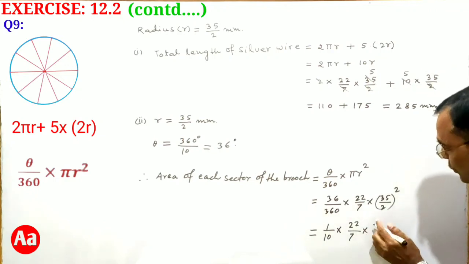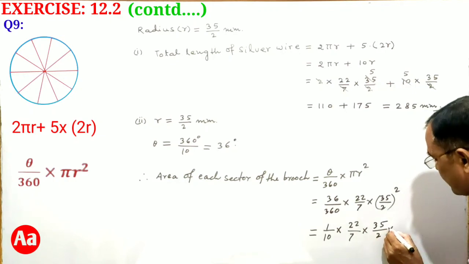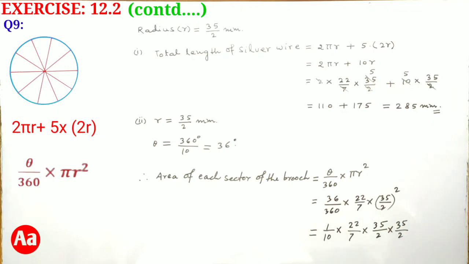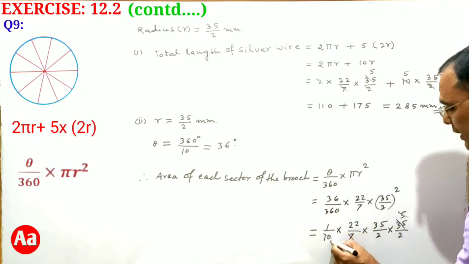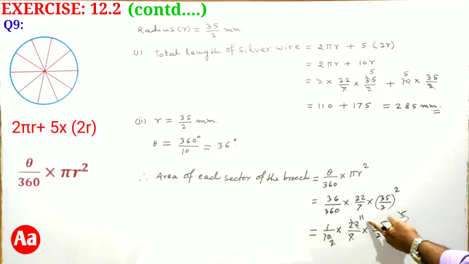Let's write 2 times, like 35 by 2 into 35 by 2. So 7 5s are 35, 5 2s are 10, 2 11s are 22, so 11 into 35 by 2 into 2, 4.